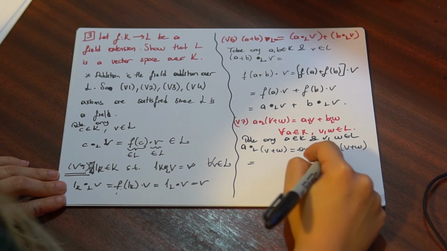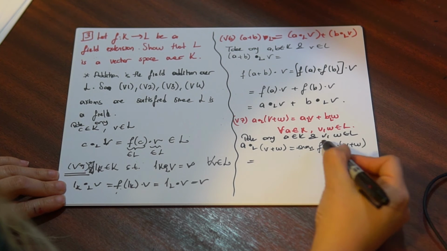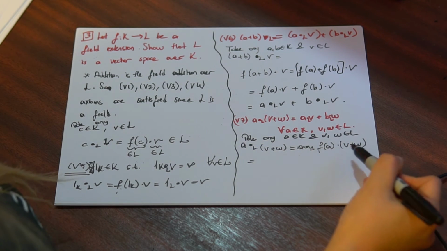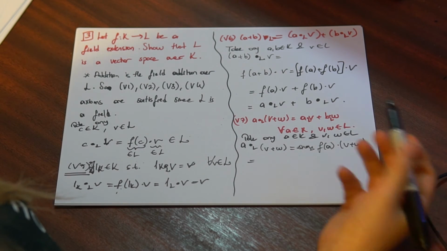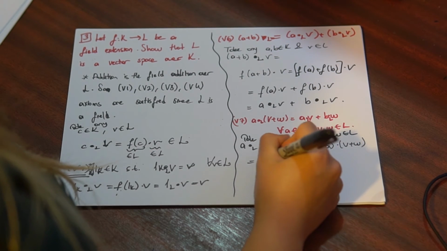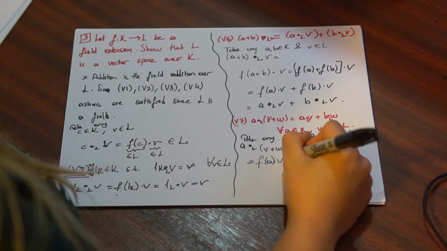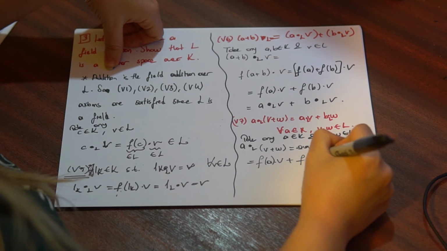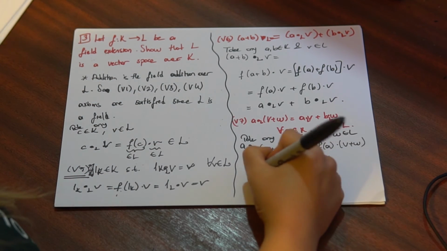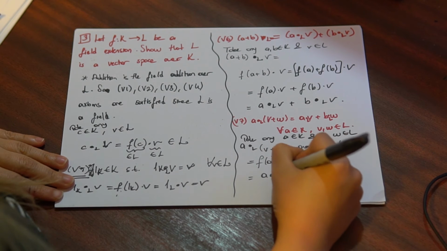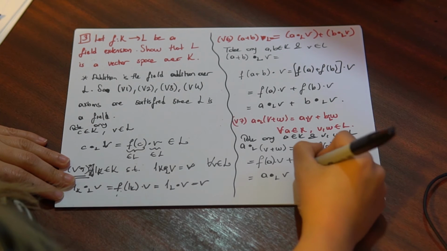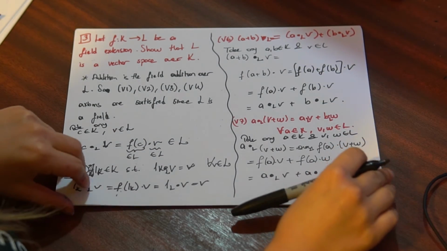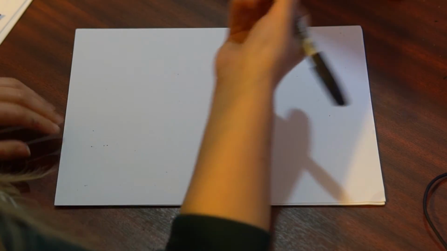And L is a field, so we can distribute the product. So we will have f of a times v plus f of a times w. So this is equal to a times v plus a times w. So the seventh axiom is satisfied.